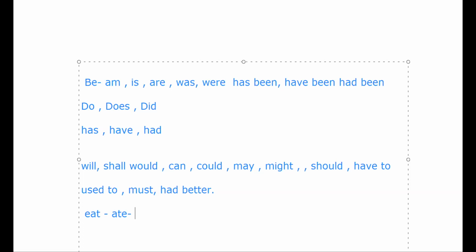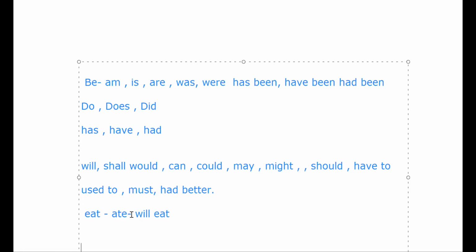When I ask you to give me the future form of eat, I haven't added any word straight away, and there's no separate spelling. But when I ask you to give the future form of eat, I'm sure you give this. Suppose I ask you to give the past form of buy, you will give me this. But when I ask you to give the future form, plus this.